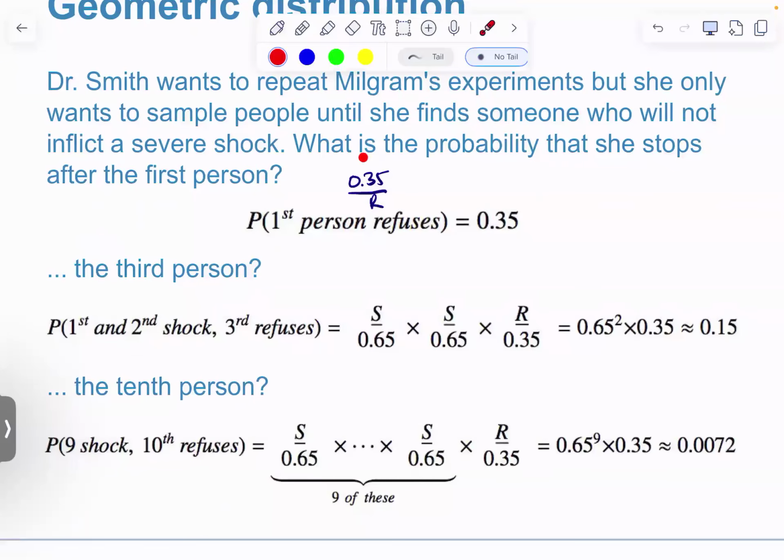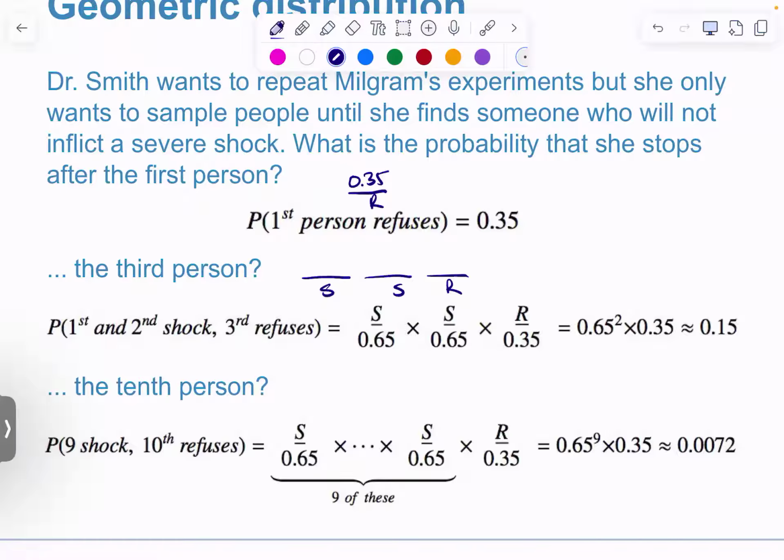What if we want to find the probability that she stops after the third person? You know how to solve that, right? You could say, okay, well, 1, 2, 3, she's only going to stop once she has a refusal, right? Which means that the first 2 must be shocks, right?